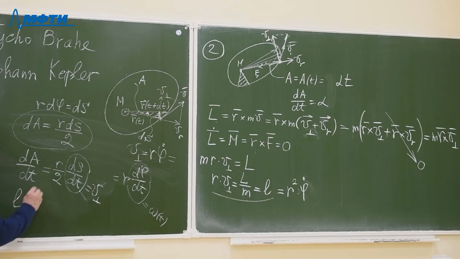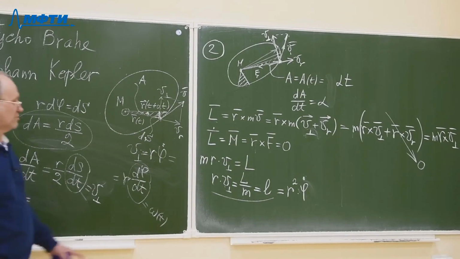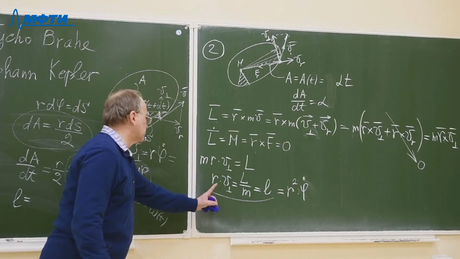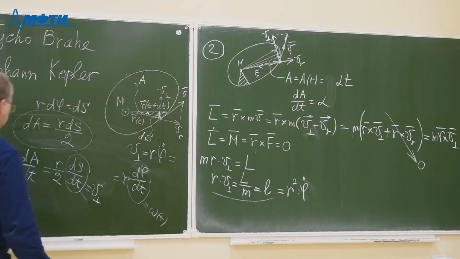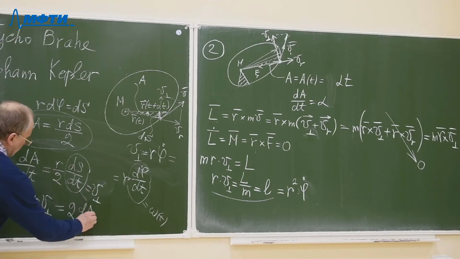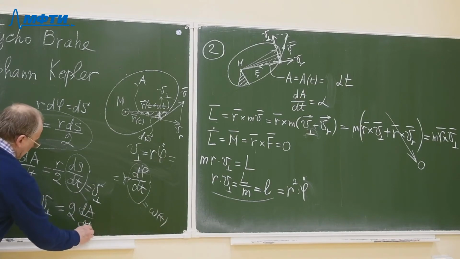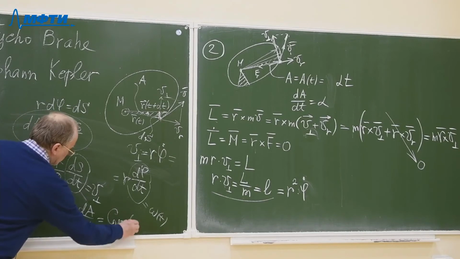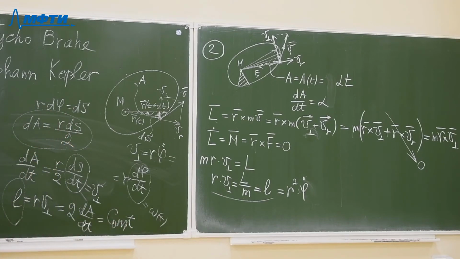that the angular momentum per unit mass, angular momentum L per unit mass, which is equal to radius times perpendicular velocity, radius times perpendicular velocity, from this formula we obtain is 2 dA dt, and that is constant in time due to the law of conservation of angular momentum.